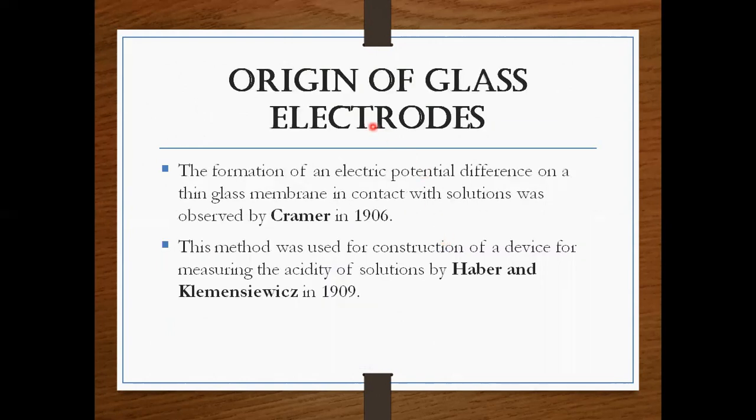So the next one is the origin of glass electrodes. The formation of an electric potential difference on a thin glass membrane in contact with solutions was observed by Kramer in 1906. This method was used for the construction of a device for measuring the acidity of solutions by Haber and Klemensiewicz in 1909.